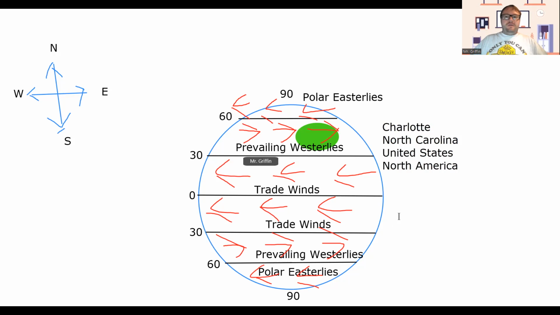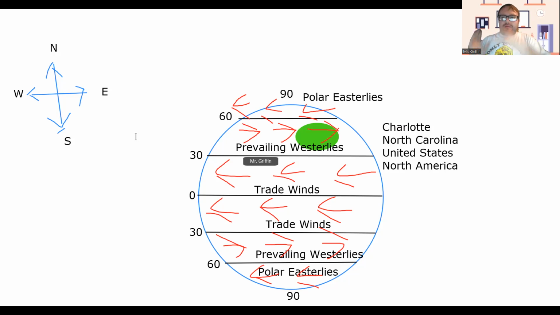All right. So just a quick recap, really quick. There are three major global winds in the world: the prevailing westerlies, the prevailing easterlies, and the trade winds. The prevailing westerlies go from west to east. That's really the ones you need to remember.